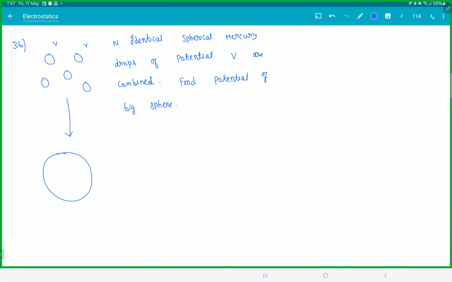Let's get this. We have seen something similar in surface tension, remember? Something similar. This is a proper mensuration question.